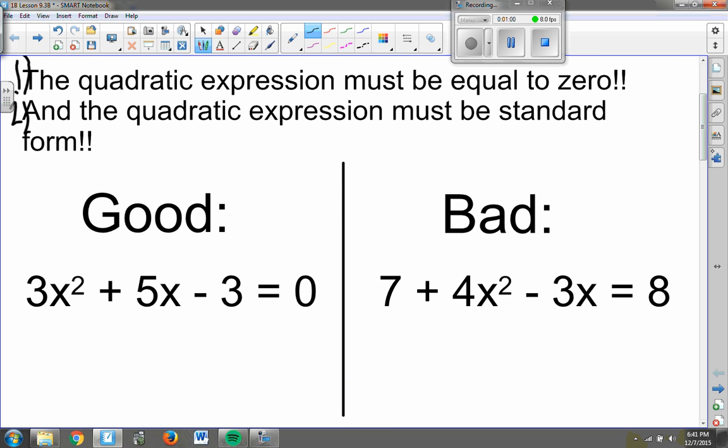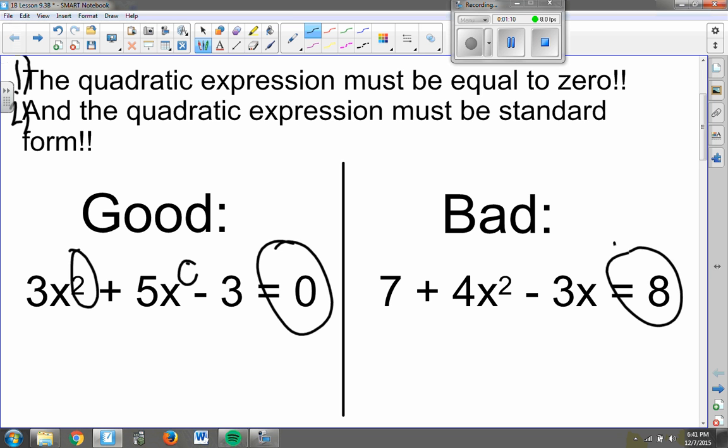So again, this one is good. It's equal to 0. Starts with x squared, then it goes to x, then it goes to no x's. This one is bad. Equal to 8, that's no good. The x squared does not come first, that's no good. Just as a quick reminder there.